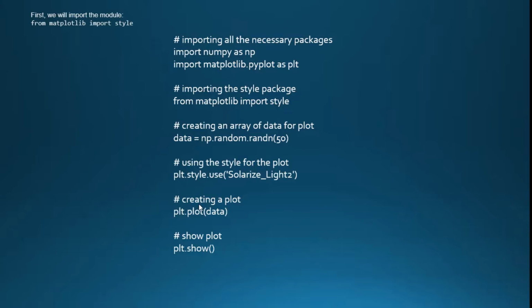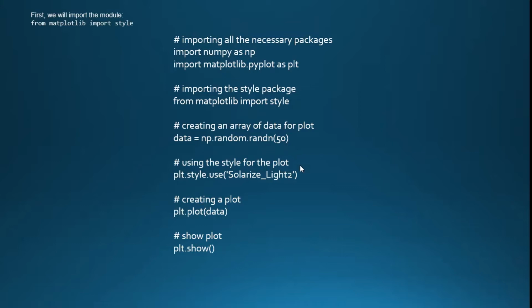And this is a sample. How does it draw a diagram? We are randomly generating 50 numbers and putting them in an array. So data is equal to np.random of 50.